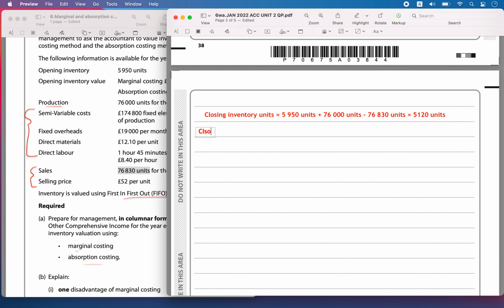So the closing inventory value using marginal costing is equal to the number of closing inventory units into the marginal rate per unit.